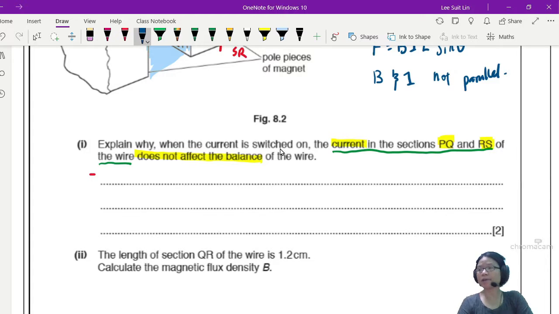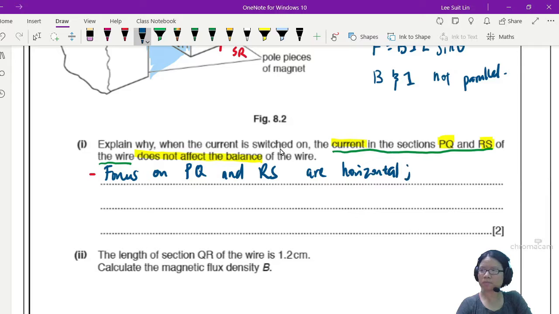You could say that the forces on PQ and RS are horizontal, so there is no moment about the pivot.